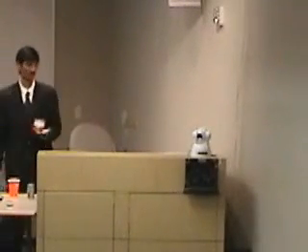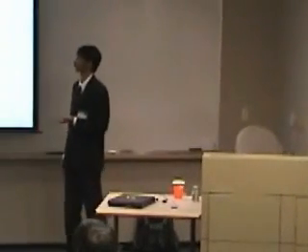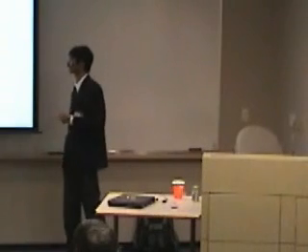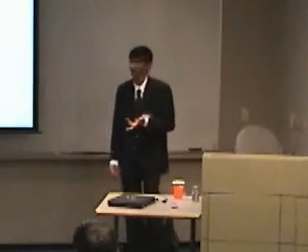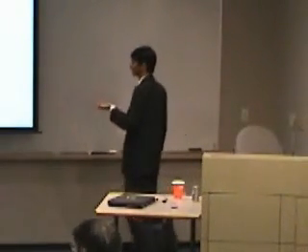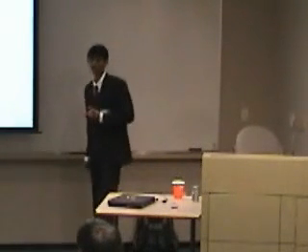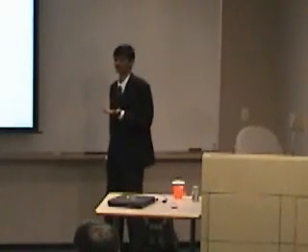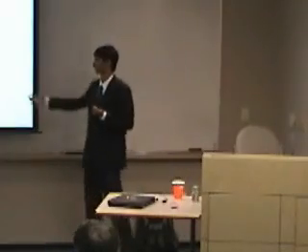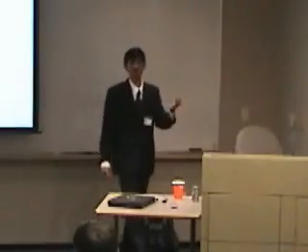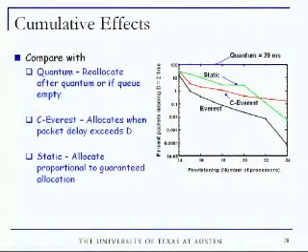Okay, putting these 2 principles together, we compared Everest with several scheduling algorithms which we could have used. A quantum-based scheduler would reallocate processors after a quantum or when the queue becomes empty. Conservative Everest would allocate processors when packet delay exceeds the value D, and static allocation, which is currently used in these kinds of hardware, allocates proportional to some guaranteed allocation.